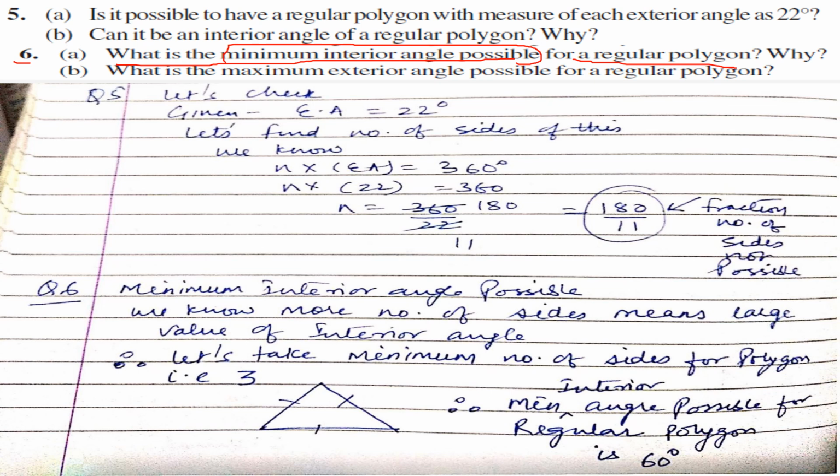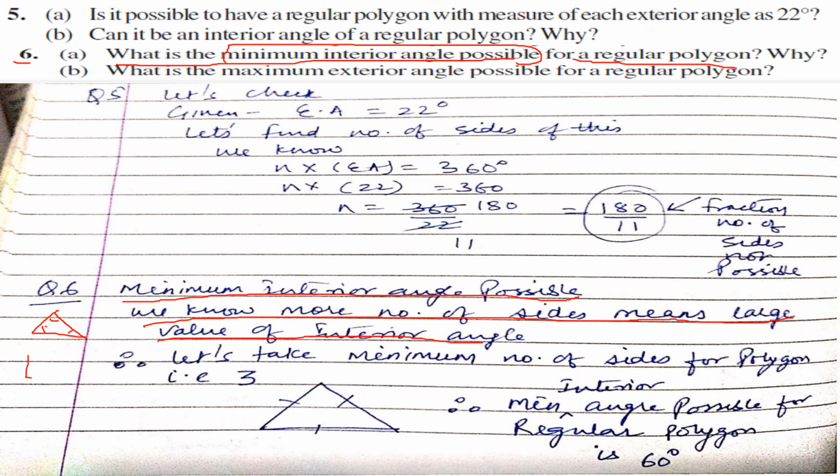First of all, we have to find the minimum interior angle possible. We know more number of sides means larger value of interior angles. How? Because you have observed in an equilateral triangle the angles are 60, 60 and 60.